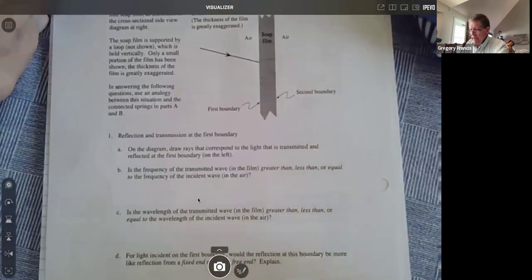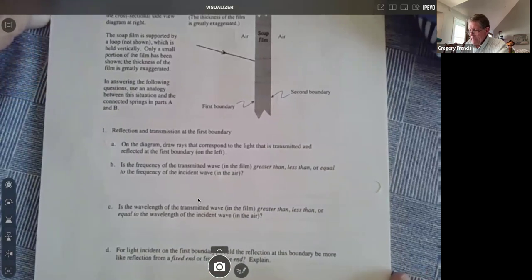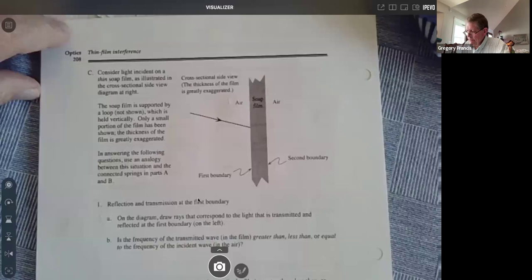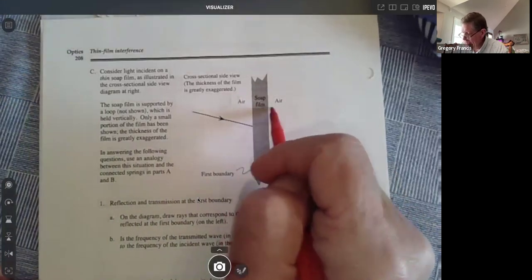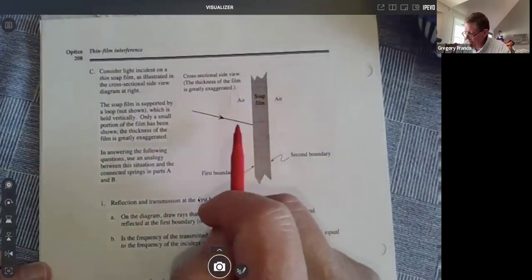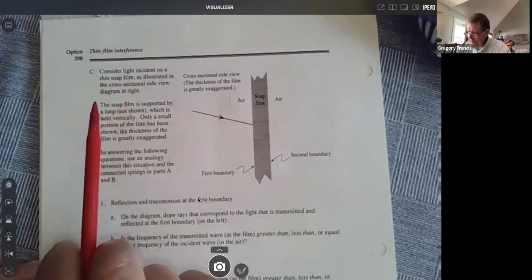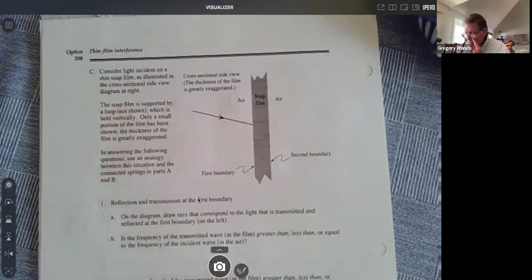So we're going to send some light into a soap film. And so here's my film, and we've got air coming in at some angle there, and it's being held up by a loop like what we saw in class, but we're not showing the loop here.